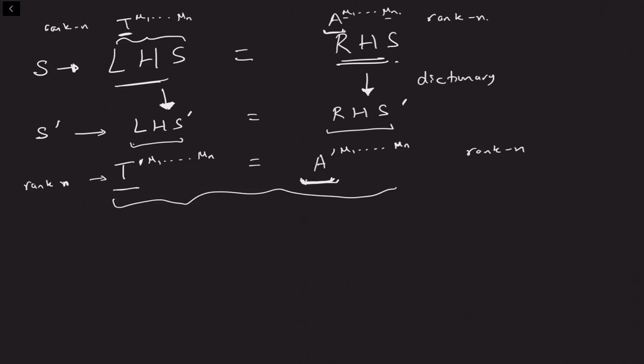It's just that you have to use a transformed tensor T prime and a different transformed tensor A prime. This would not be true if in a physical law the left-hand side of the equation was not a fixed tensor.